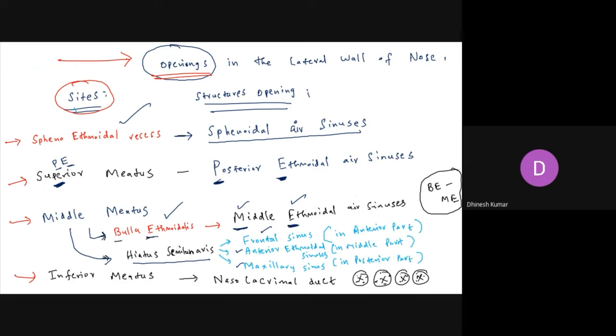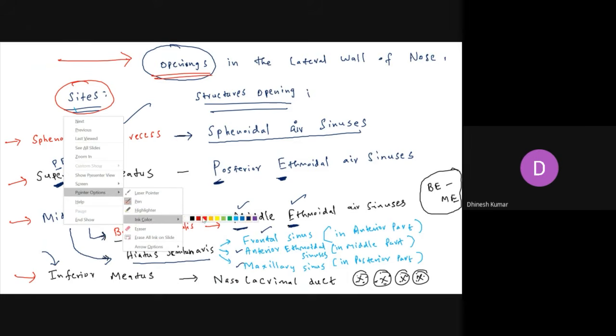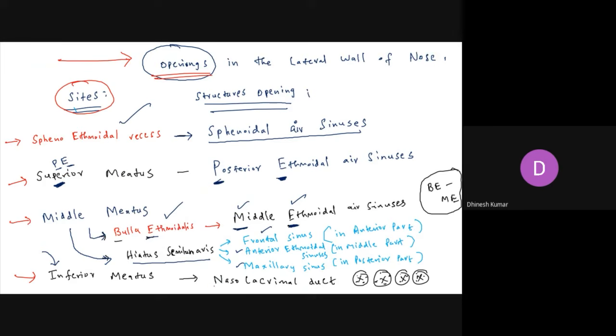Now there is one more meatus below the inferior concha, called the inferior meatus. Remember, no paranasal sinuses open into the inferior meatus, but it receives one structure, namely the nasolacrimal duct. Very important MCQ question: nasolacrimal duct opens into which meatus of the nose? The answer is inferior meatus.